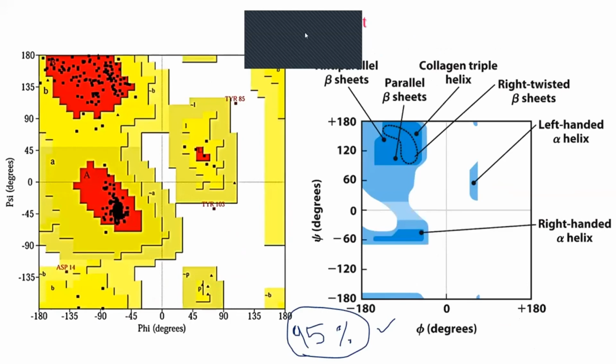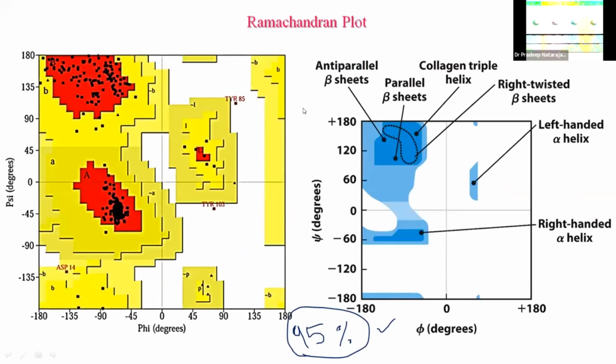I'm trying to see how you mapped this, whether it's a right-handed alpha helix or a left-handed one, from the plot. Your doubt is how I plotted this as a left-handed helix and how I got it as a right-handed helix? Yes, exactly. Okay, I'll clarify this. Actually, I mentioned this in the previous slide itself. I'll just recap it.